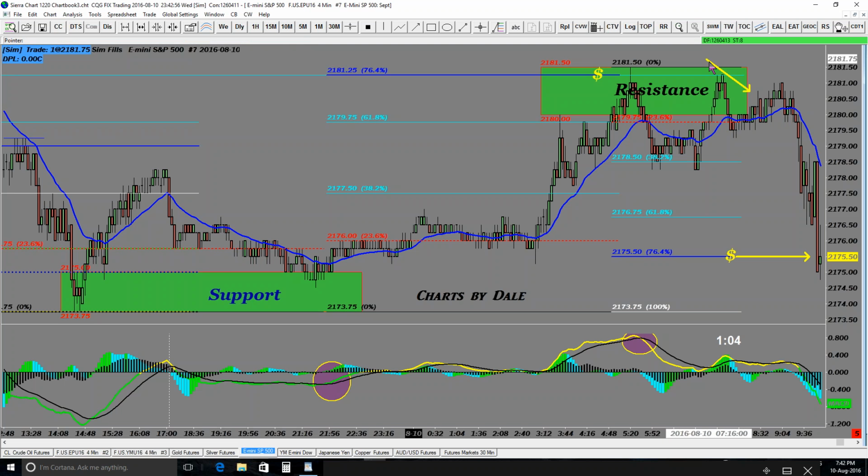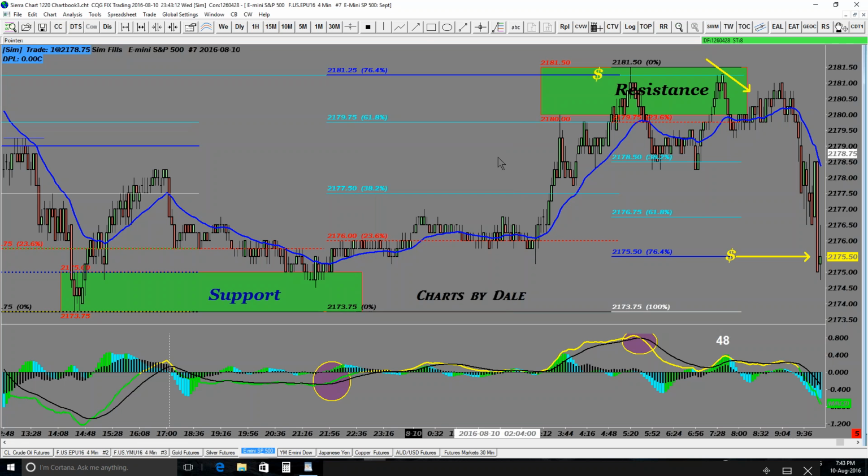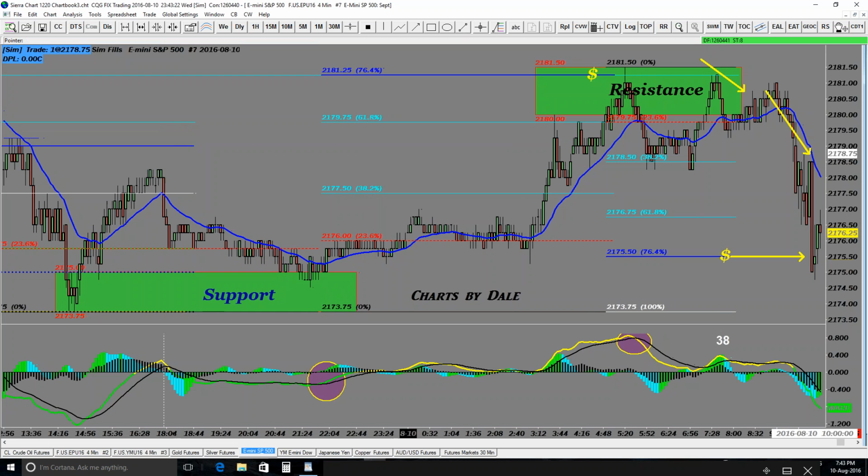Let's move this here. We want to retest the EMA right down in here. Okay, so we want to retest somewhere in here, and you can see that is retesting already.